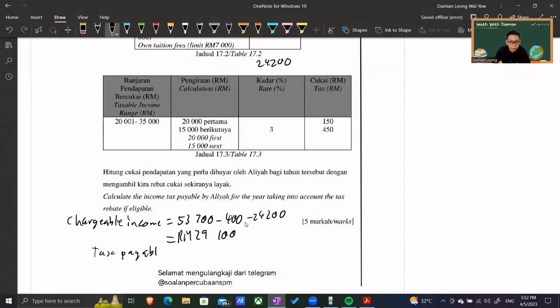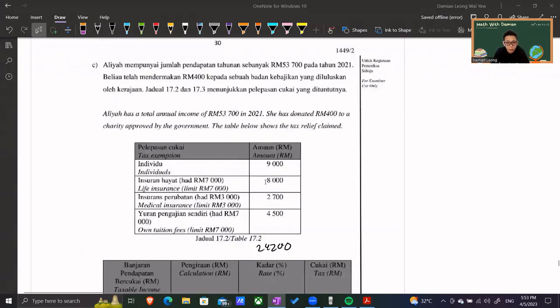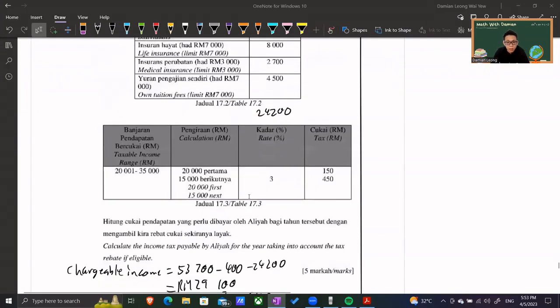For the tax payable, I take 150 ringgit for the first 20,000 plus 3% for the rest. The amount left over after 20,000 is 9,100. Oh, my bad, there's a limit on this.